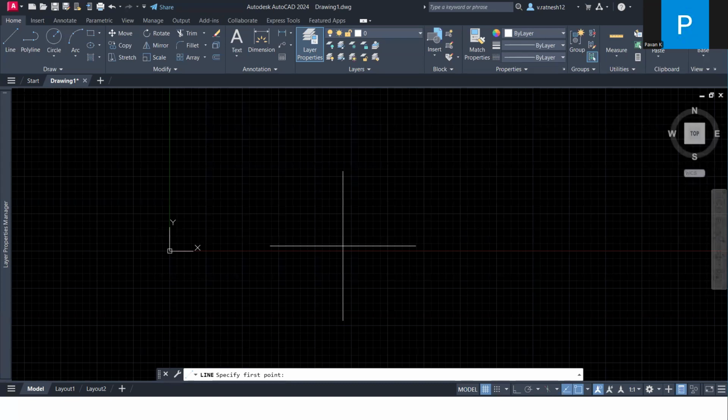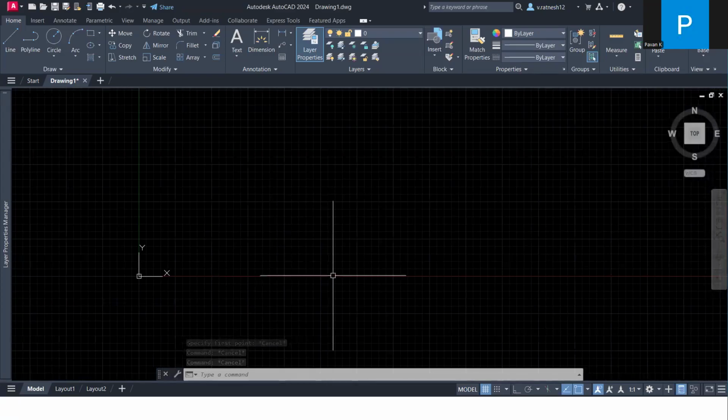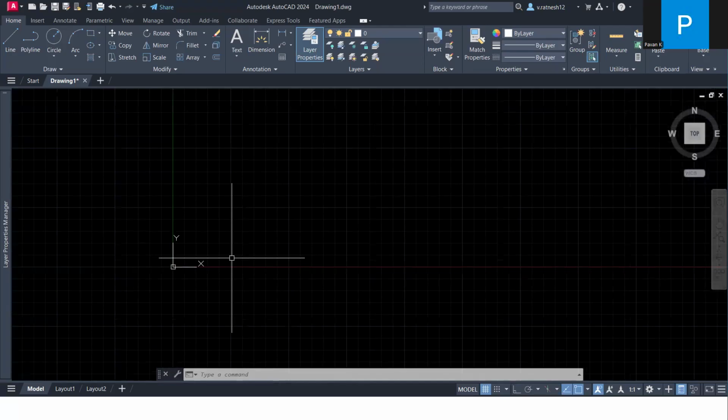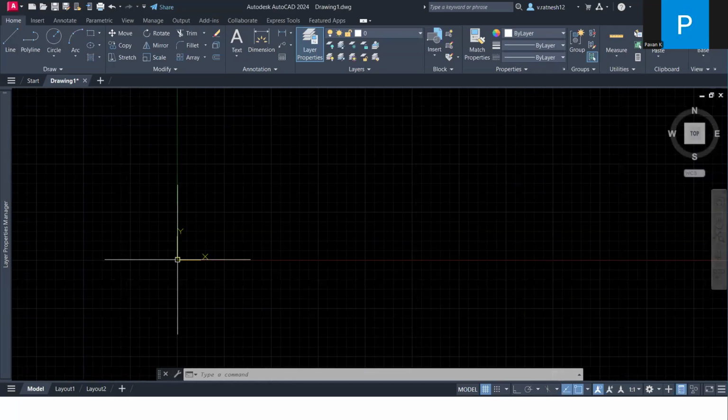Before line, I would say that you must be aware of the ordinates and abscissa, that is, x is ordinate and y is abscissa. This is called the origin, and everyone knows that the origin is 0 0. Every origin has no other value. It's only 0 0. X is 0 and y is 0. So that's why x and y here are 0. So this is called the origin.